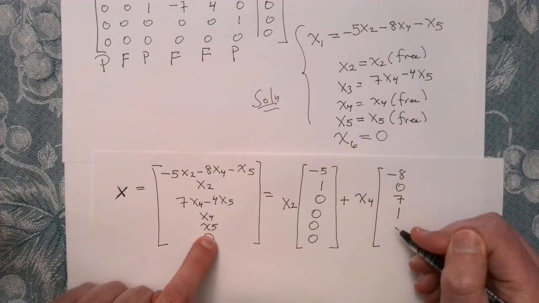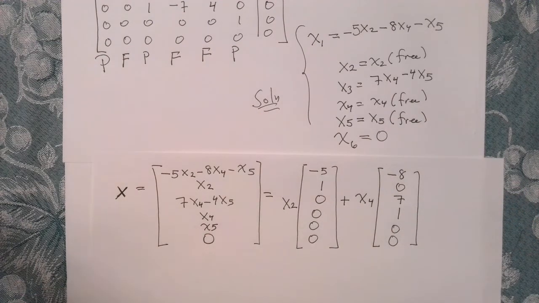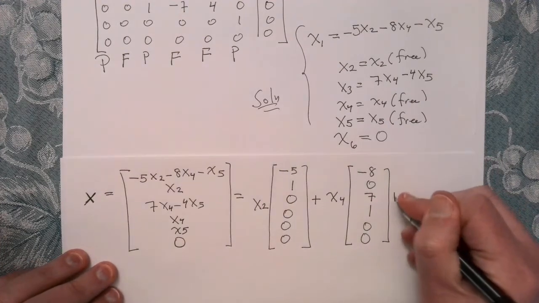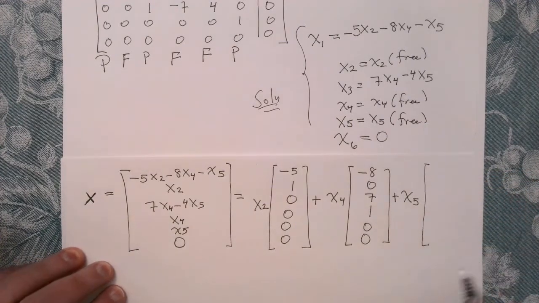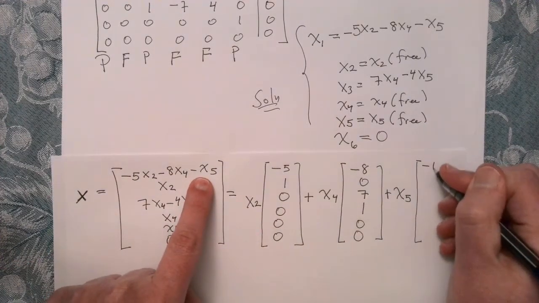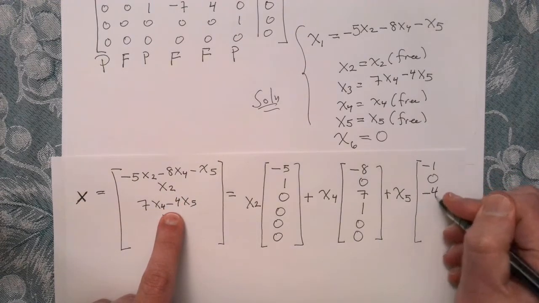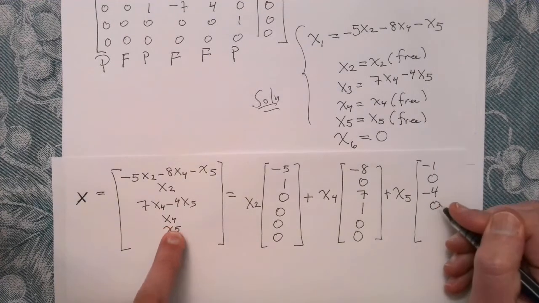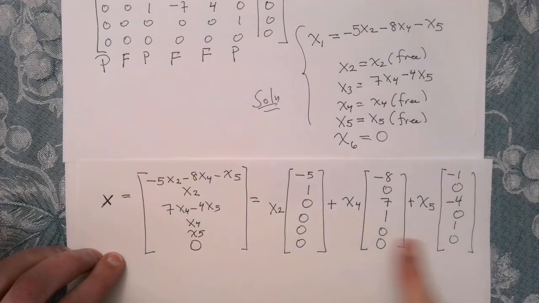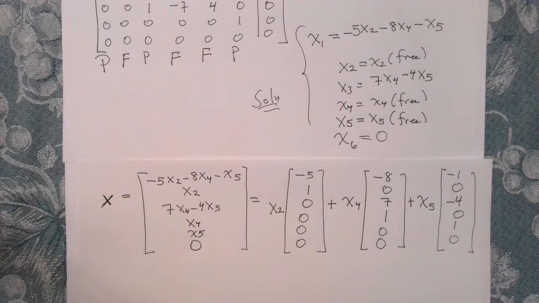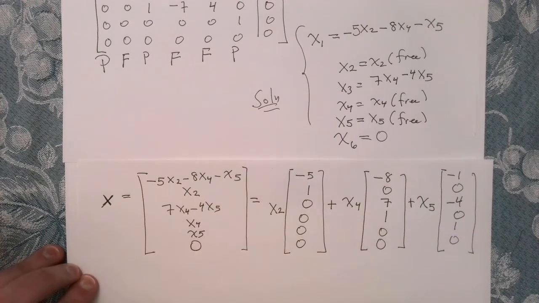There's 1 x4 there, 0 x4s, and 0. Okay, so that vector corresponds to the x4 stuff. And then finally, the x5 stuff. So I've got minus 1 x5, 0 x5, minus 4 x5, 0 x5s, 1 x5, 0. This is exactly parametric form or parametric vector form where the parameters are x2, x4, and x5.